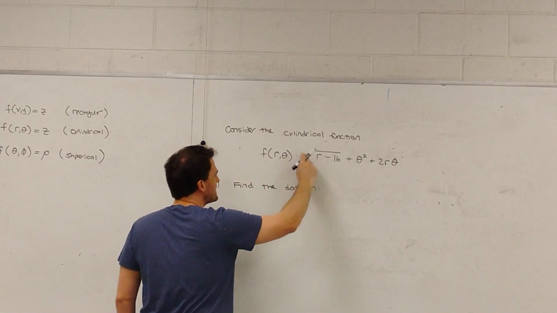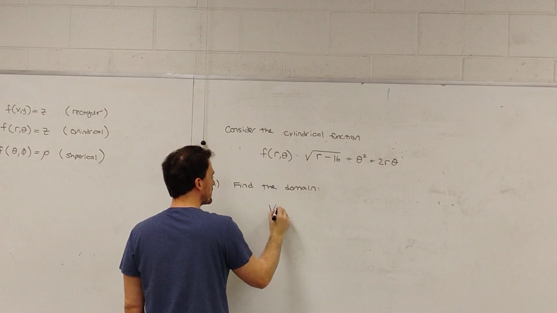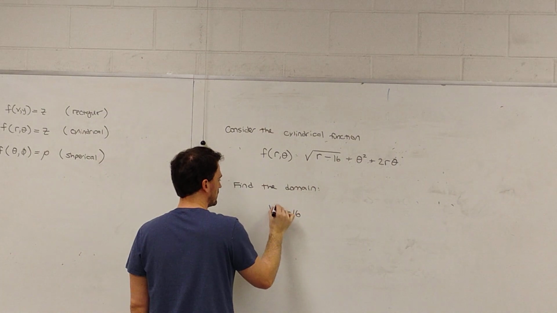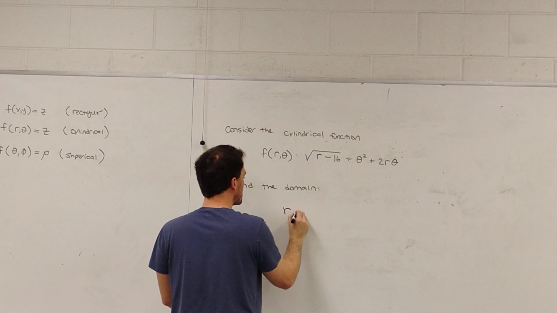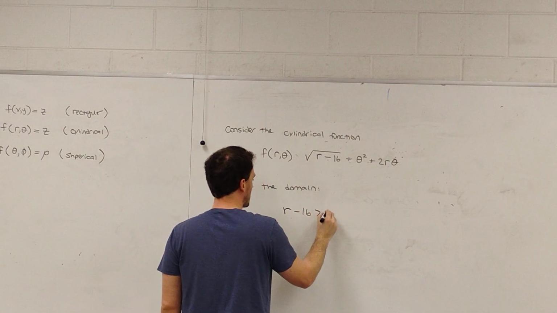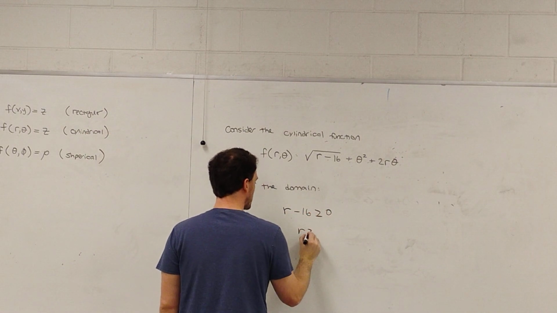I know that I can't take the square root of a negative number. That means everything inside the square root has to be greater than or equal to 0.